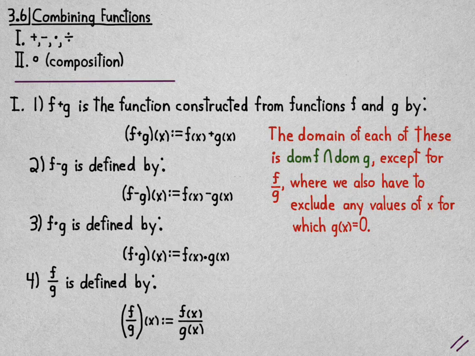So when we say the domain of, say, f plus g is the domain of f intersection domain of g, what that says is that your inputs x have to be in the domain of f and in the domain of g. Otherwise, you can't plug the number into both f and g.